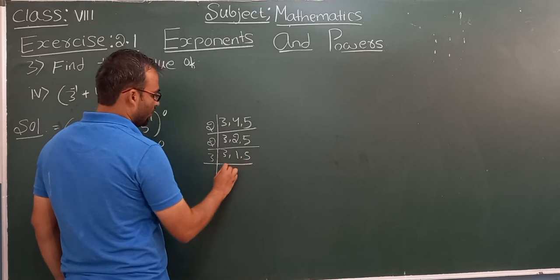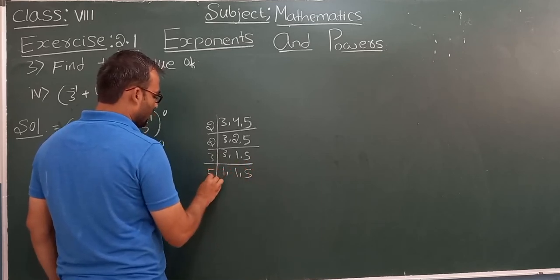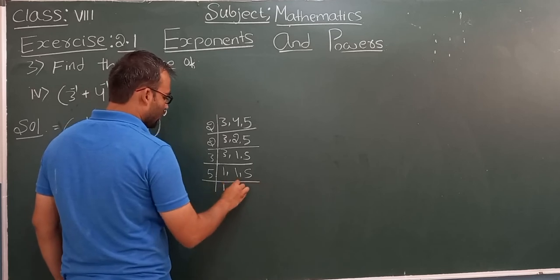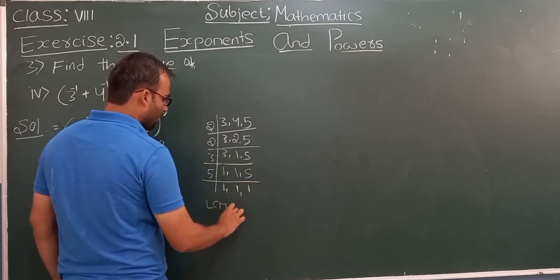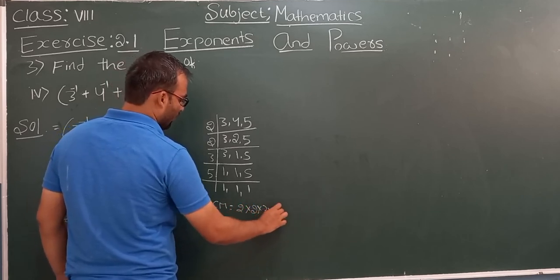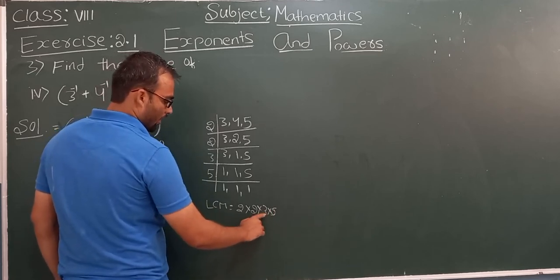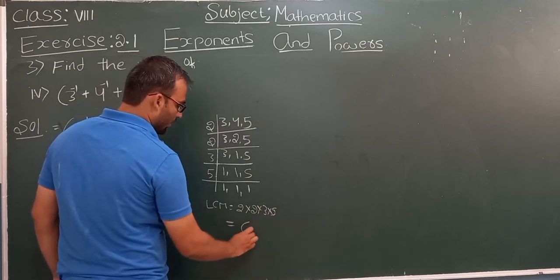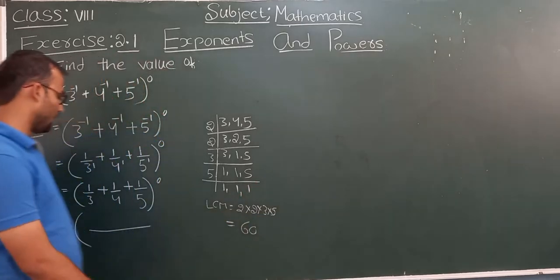So 3 ones are 3, 1 as it is, 5 as it is. Next, 1 as it is, 1 as it is, 5 ones are 5. Then the LCM is what? 2 into 2 into 3 into 5. 2 twos are 4, 4 threes are 12, 12 fives are 60. So LCM is 60.